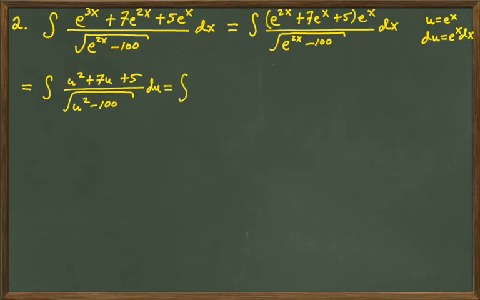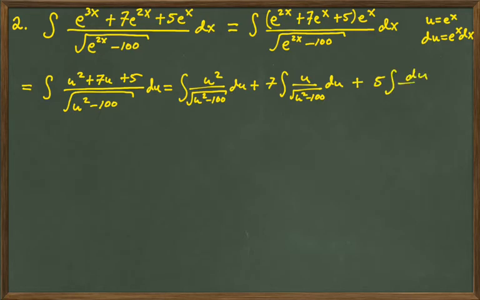Probably what we want to do is split this up into 3 parts. The integral of u squared over the square root of u squared minus 100, plus 7 times the integral of u over the square root of u squared minus 100, plus 5 times the integral of du over the square root of u squared minus 100.